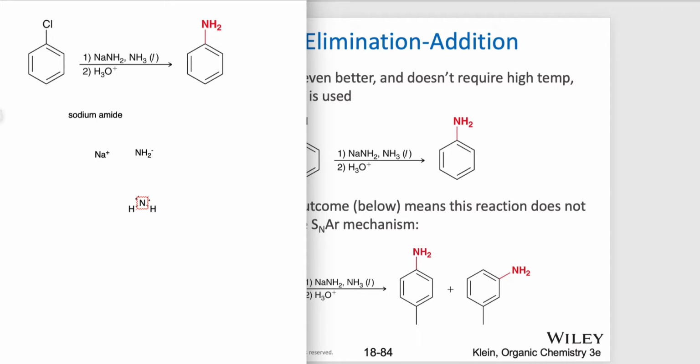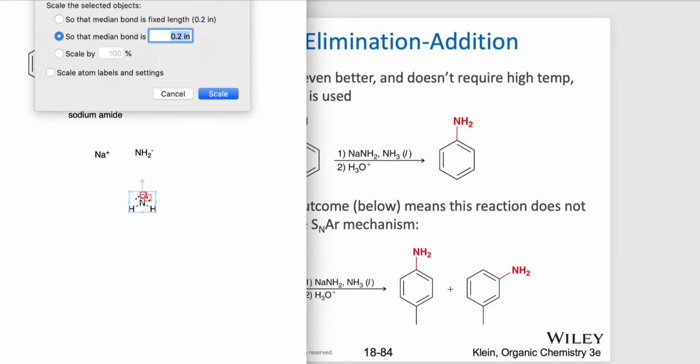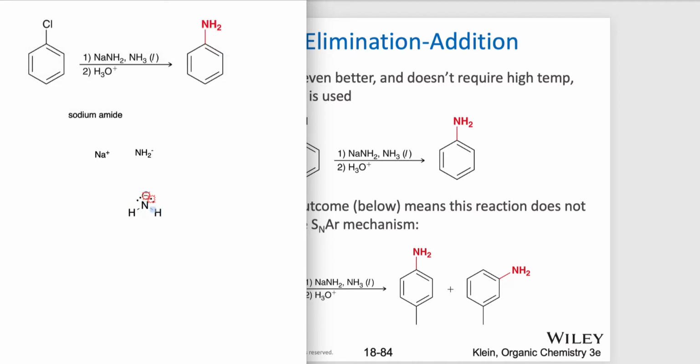If you're having trouble with this, you really need to go back to chapters 1 and 2 and practice the formulation of ions and using good Lewis structures. So here we are. Let me increase the size a little bit. Let me scale everything a little bit higher. Okay, so here we are.